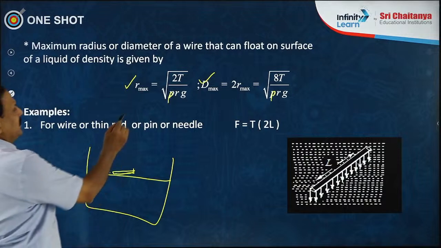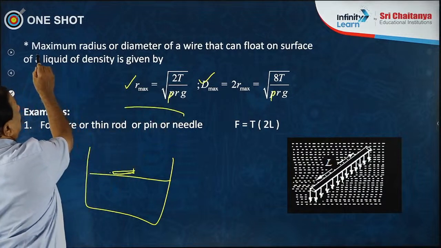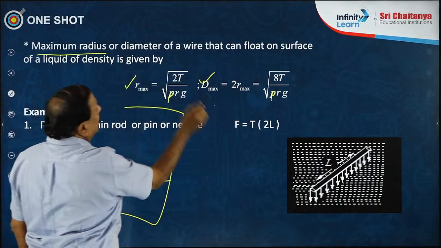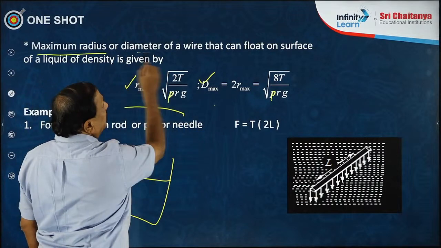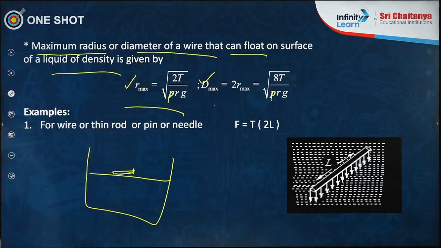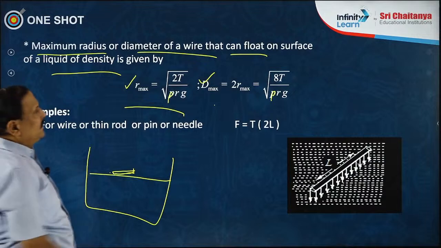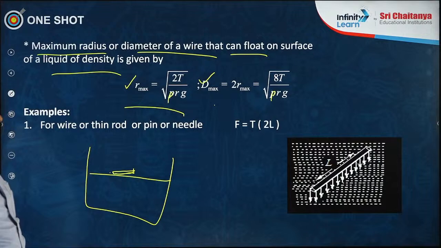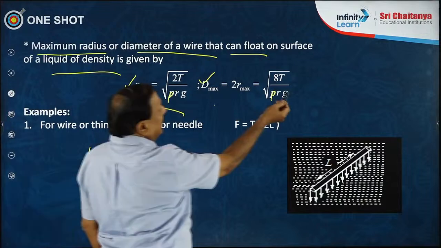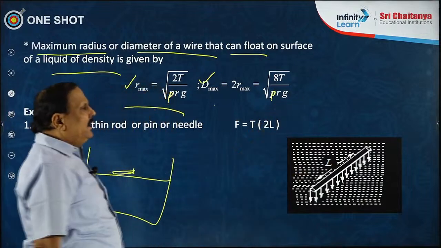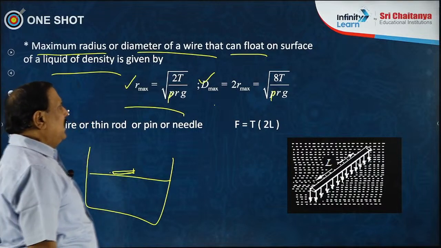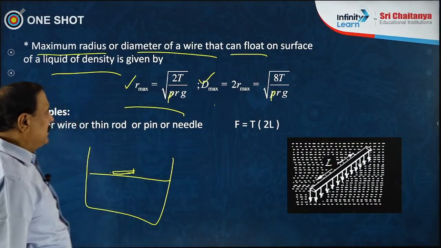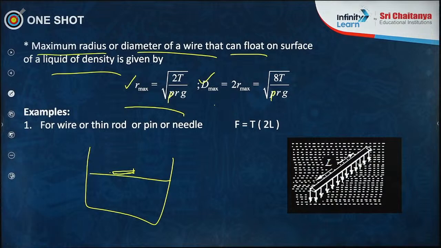The maximum radius of the wire that can float on the surface of any liquid is root of 2T by rho r g, that is, the radius; or the diameter is 8T by rho r g. T is the surface tension, r is the radius, and g is the acceleration due to gravity.